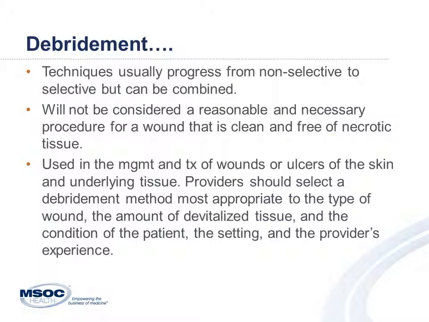The techniques usually progress from non-selective to selective but can be combined. Selective debridement refers to the removal of specific targeted areas of devitalized or necrotic tissue from a wound along the margin of viable tissue. Occasional bleeding and pain may occur.